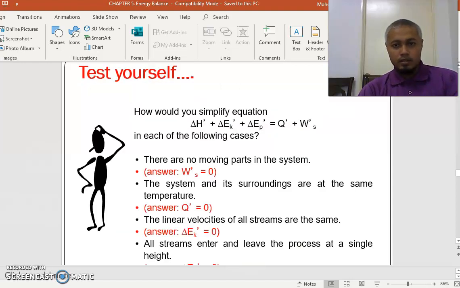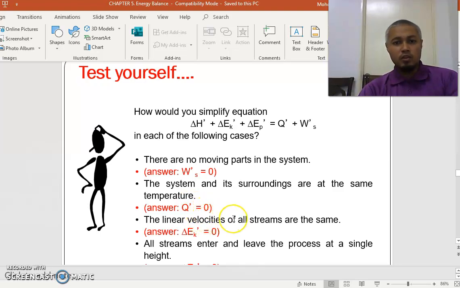Let's see this part. If we have this equation, then try to solve for each case. If there are no moving parts in the system, it means Ws equals 0, so from this formula we can omit this part. If the system and its surroundings are at the same temperature, it means no heat transfer, so Q equals 0.